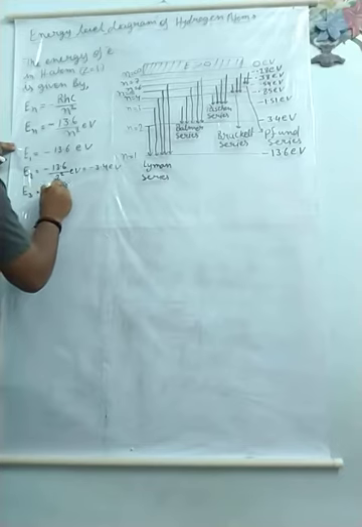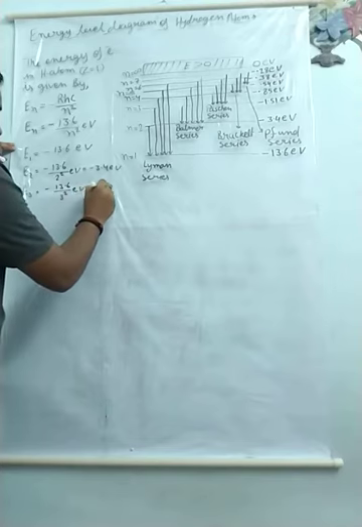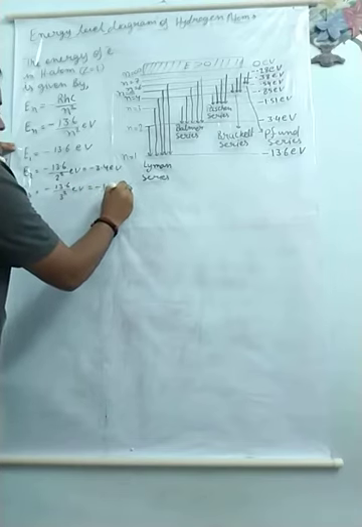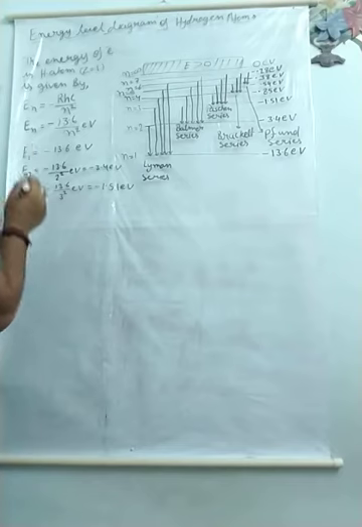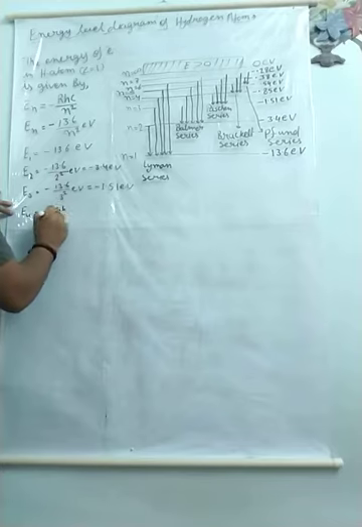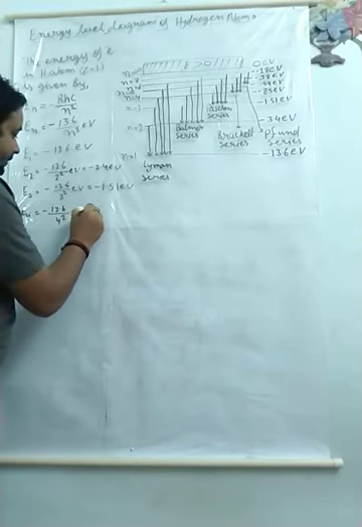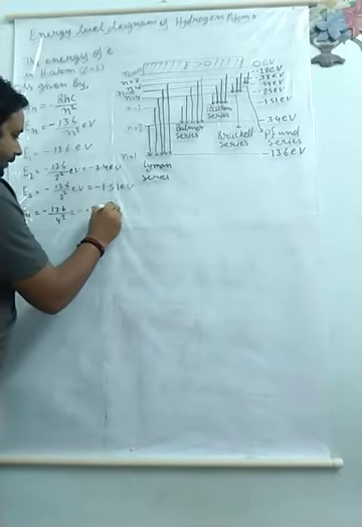E3 is minus 13.6 upon square of 3 electron volt, which comes to minus 1.51 electron volt. For E4, it is 13.6 upon 4 square, calculated as minus 0.85 electron volt.